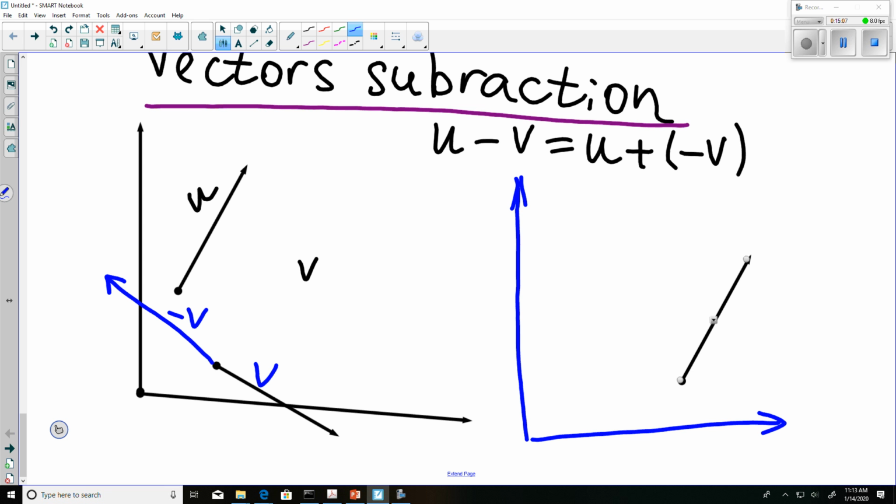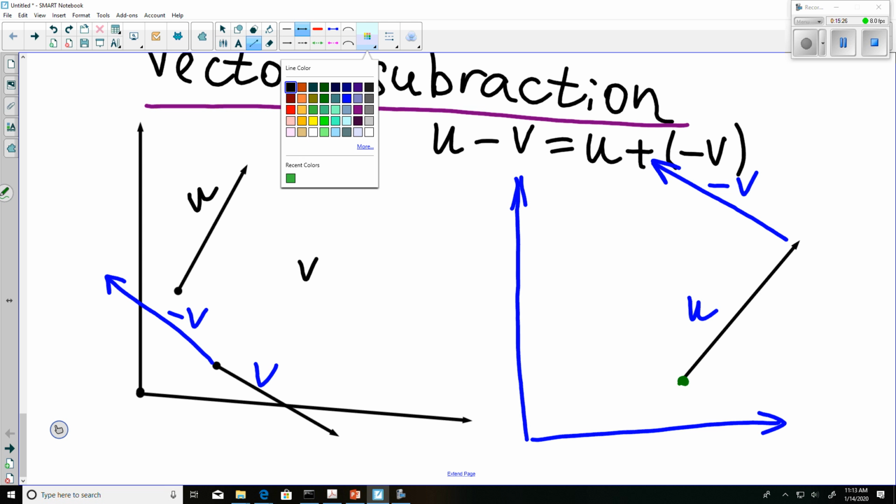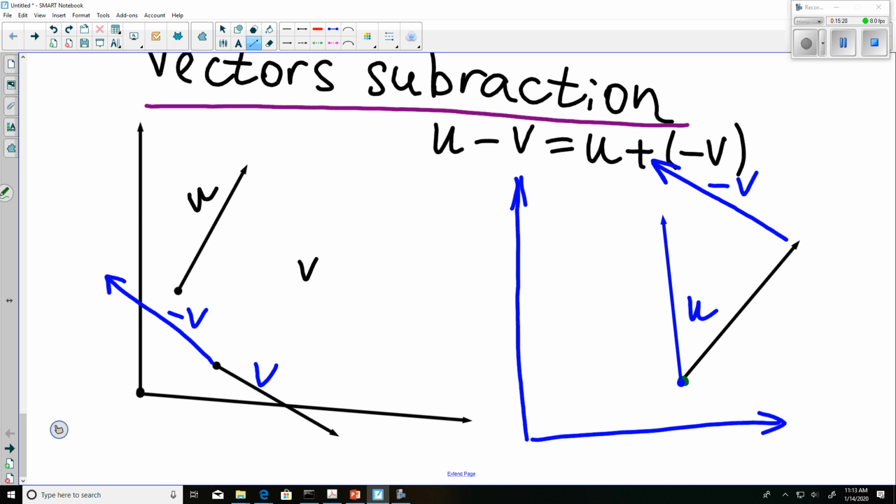At the terminal point of my vector u. That's how it will look. That's minus v. So finally, connect the initial point with the last terminal point. Let me draw an arrow there. That's my answer. That's my u minus v.